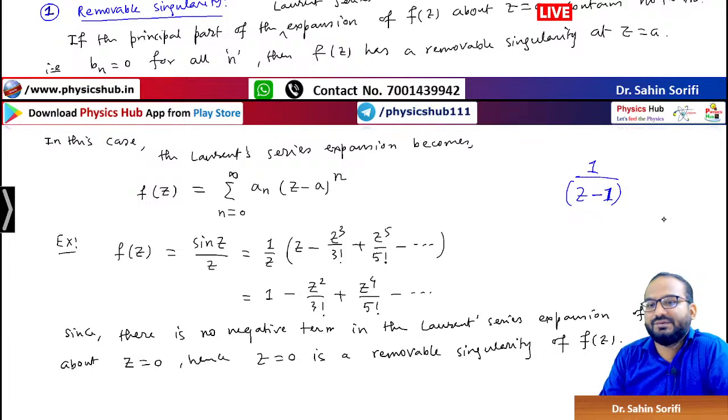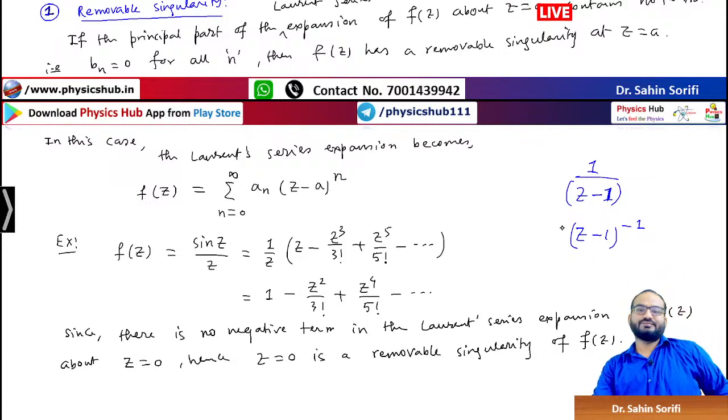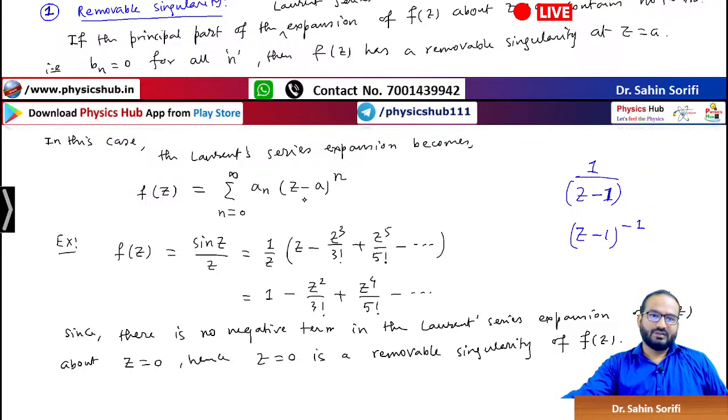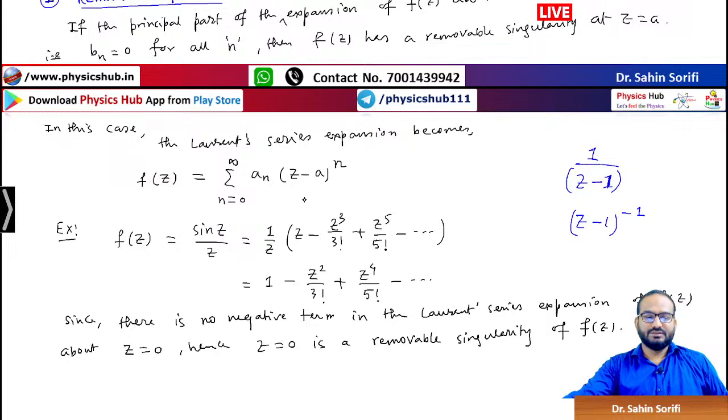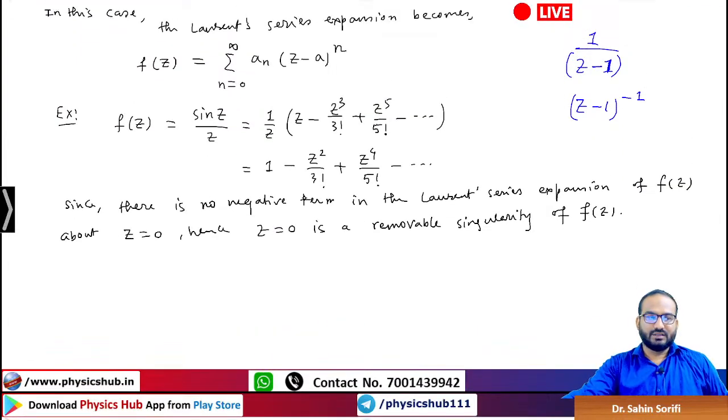So actually it is nothing but (z minus 1) to the power minus 1, right? This is the first term of the principal part. Removable singularity we understood. Let's go for non-essential singularity.